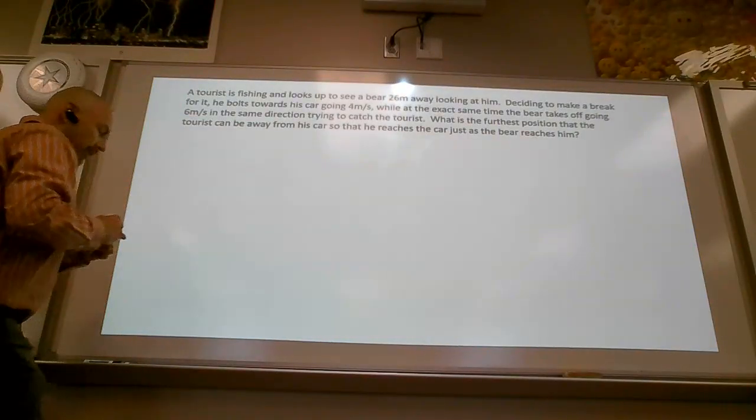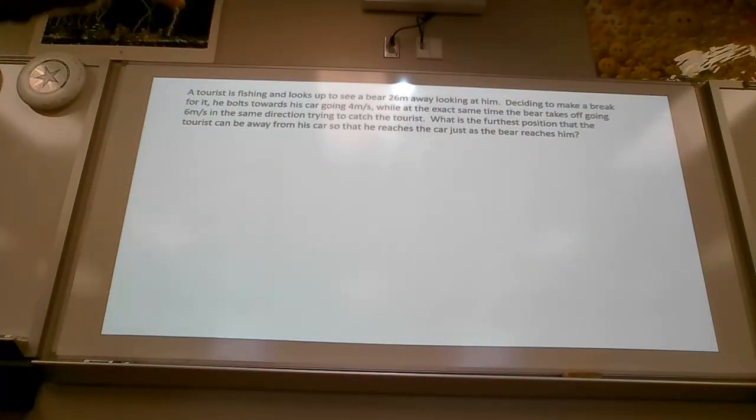So real quick, big picture. If you have two objects moving independently of each other, you need a list of variables and an equation for each object.